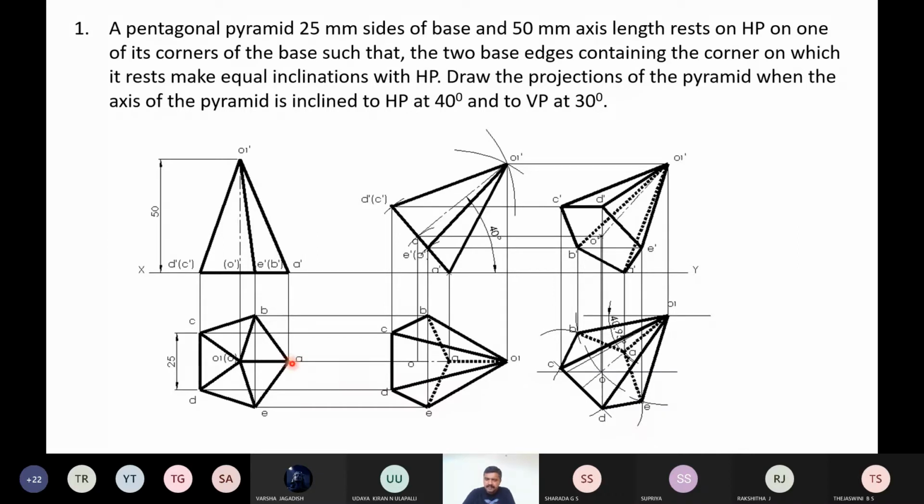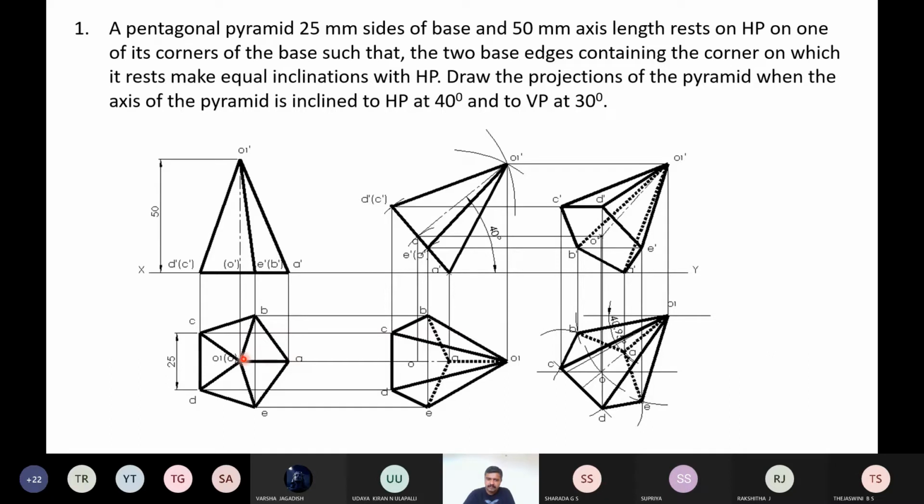I will keep the complete base on HP because I am able to see the true shape of the base from the top. Otherwise I cannot see the true shape of the base. So in order to get the true shape of the base, I am going to keep the complete base on HP. Then I will take the top view.